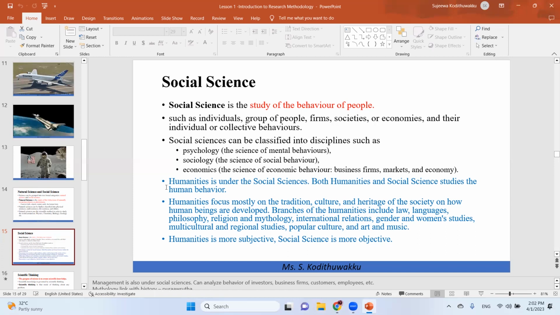Humanities is more subjective. So later we will discuss the terms subjective and objective, and only then can you develop a research problem. Subjective matter and objective matter. Right.